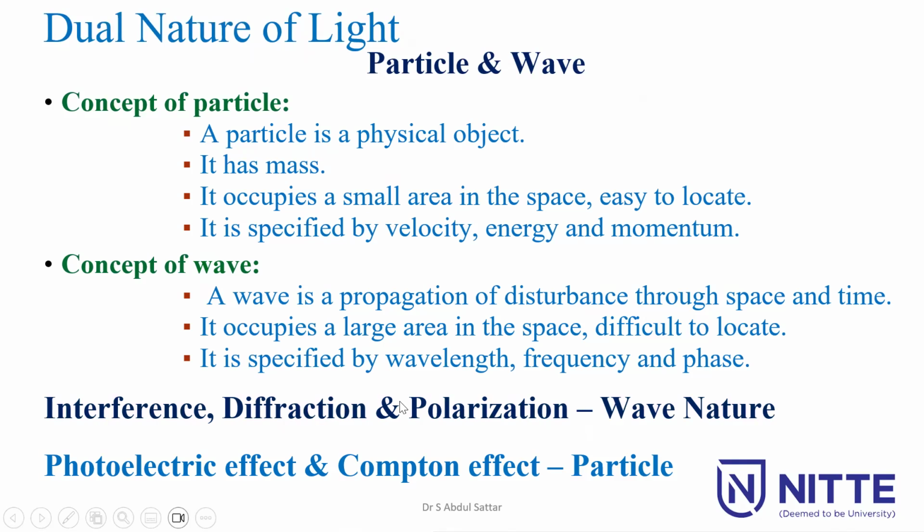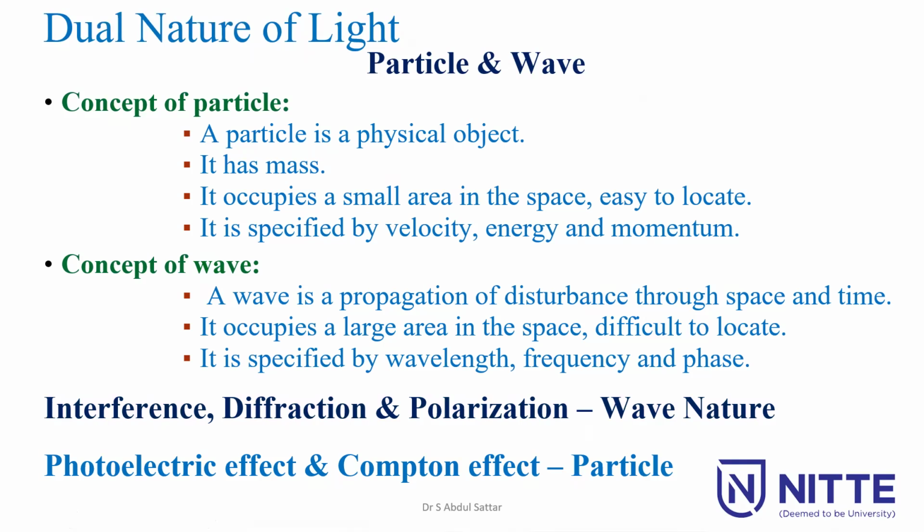All these phenomena are exhibited by the light beam only, but some are explained only by the wave nature and some only by the particle nature. That's why Einstein finally concluded that light can exhibit both natures, but it cannot exhibit both natures simultaneously.